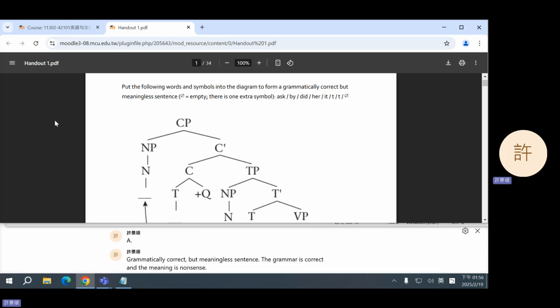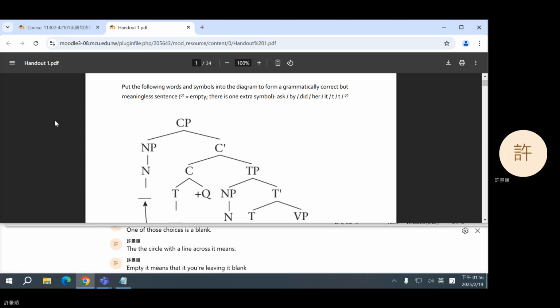There are 7 blanks and there are 8 choices. One of those choices is a blank. The circle with a line across it means empty. It means that you're leaving it blank. So how do you put these words into this diagram to create a grammatical sentence?